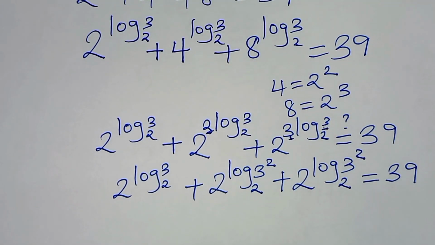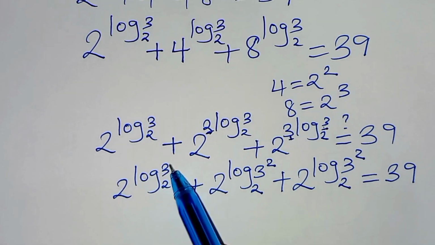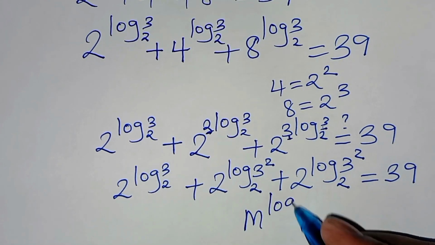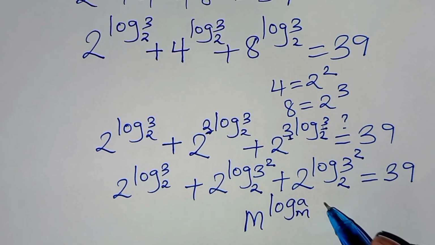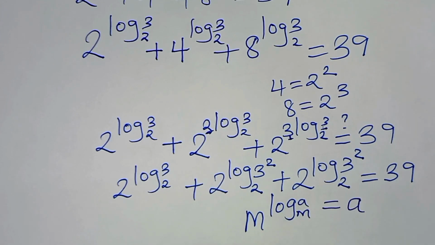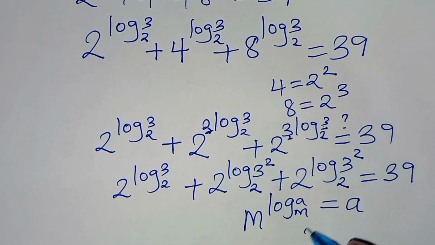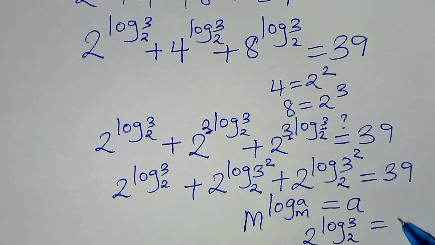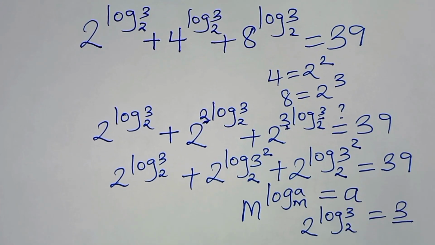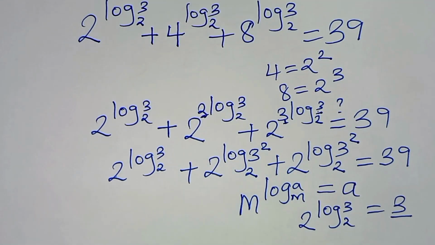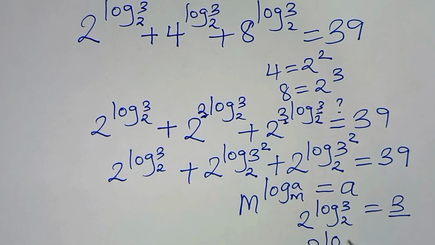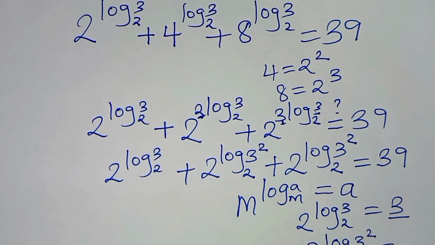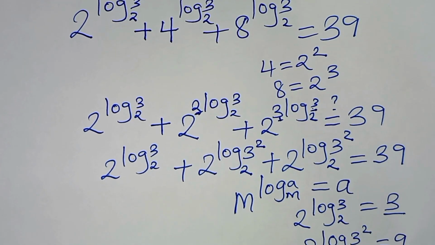Now the next step here, you find that 2 to the power log 3 to base 2 is in the form of m raised to the power log a to base m, which essentially is supposed to give us a value of a. So that means that 2 to the power log 3 to base 2 is equal to 3. Again, 2 to the power log 3 squared to base 2 is equal to 3 squared, which is equal to 9.